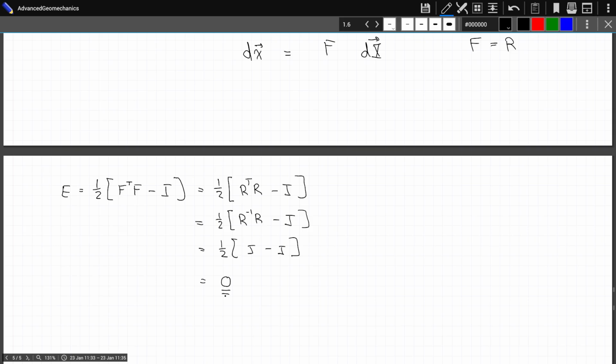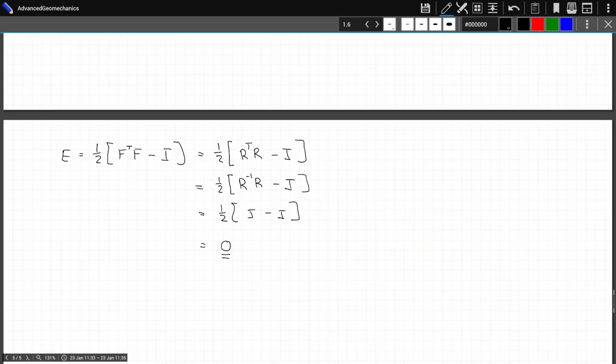So, under a pure rotation, which makes sense, I didn't strain it, right? All I did was rotate it. Pure rotation gives me no strain if I compute the Green strain. Let's see what happens if we do the same thing for the infinitesimal strain.